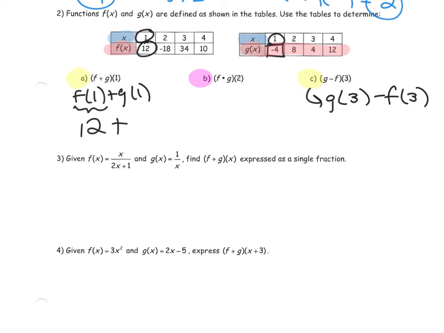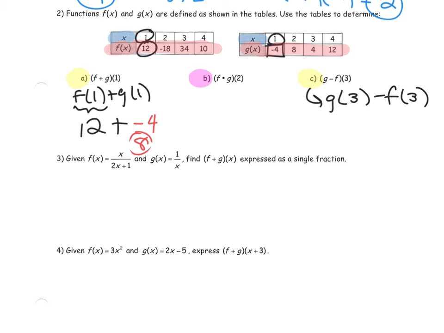So all these are your outputs. So g of 1, when x was 1, we ended up getting negative 4. When you combine like terms, you get 8. Fix that.